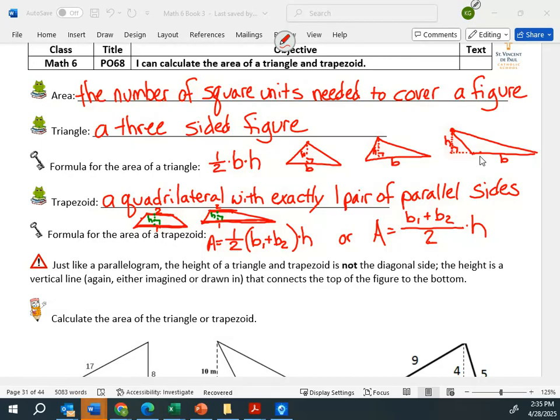Now, when you're putting this into your calculator, some of us have discovered that if you write it all out and you say the base 1 number plus the base 2 number, and then you divide it by 2, it follows PEMDAS. Your calculator is pretty smart. So don't do that. Do base 1 plus base 2 equals whatever it equals.